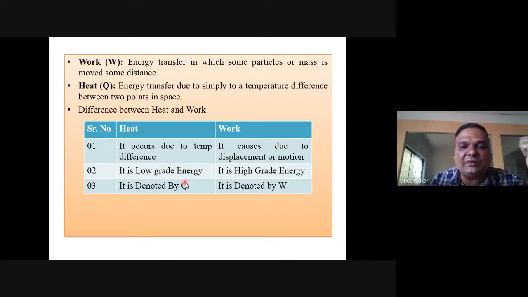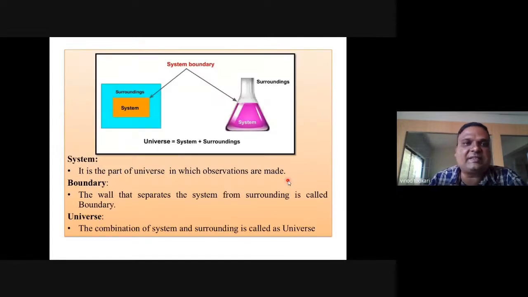Now see, heat is denoted by Q and the symbol for work is W. Both are forms of energy. I believe that this concept is clear to you.